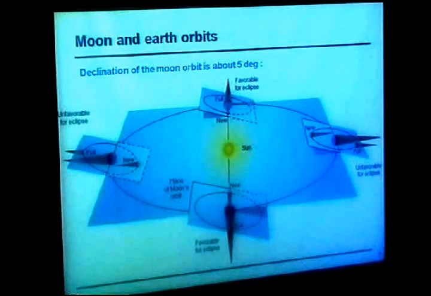This picture shows the Moon and Earth orbits, where you can see the inclination of the Moon's orbit is about 5 degrees. This inclination causes differences in crescent visibility.